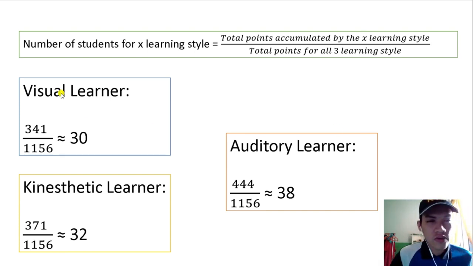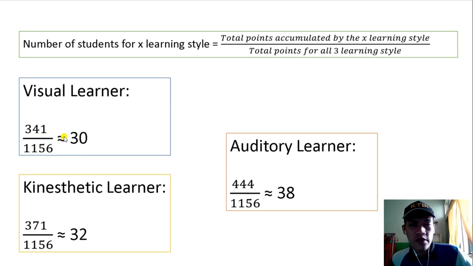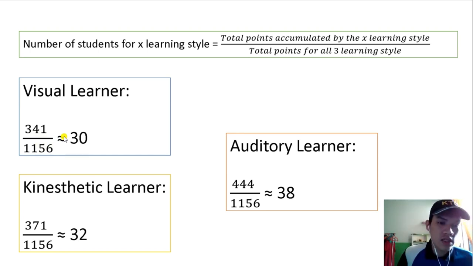For example, for visual learner, we gathered 341 points divided by the total points, which is 1156. We got approximately 30 students who prefer visual learning in mathematics. For kinesthetic learner, we got 32 students, and for auditory, we got 38.